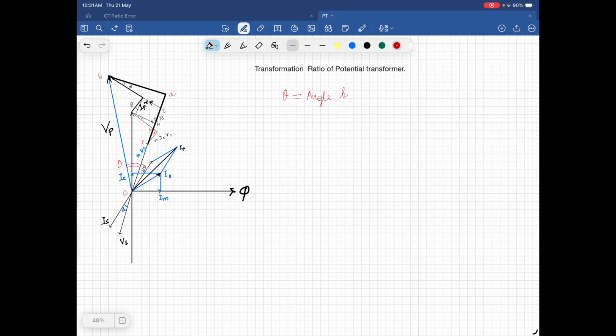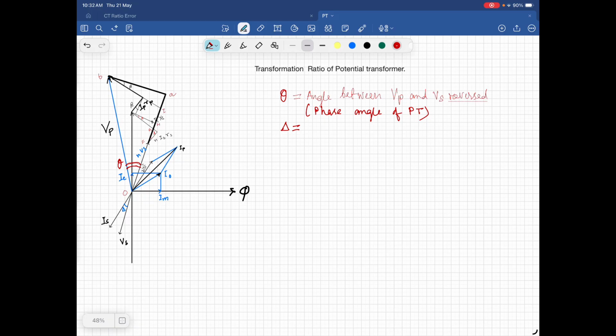In the phasor diagram of the potential transformer, we can see theta. Theta is the angle between the primary voltage and the secondary voltage reversed, that is the angle between Vp and Vs reversed, and this is called the phase angle of the transformer. I would like to request all the students to practice the phasor diagram multiple times.